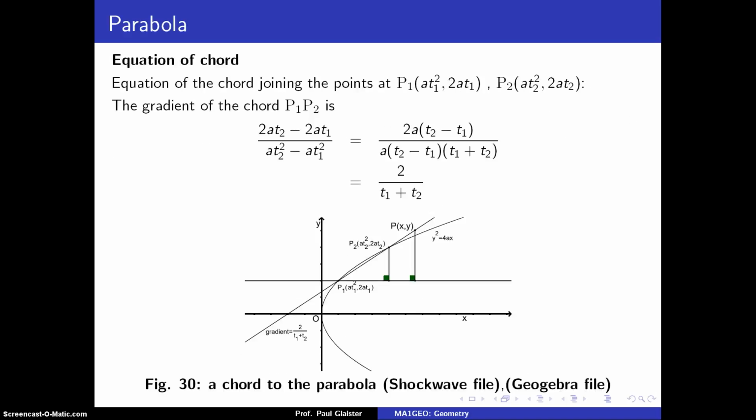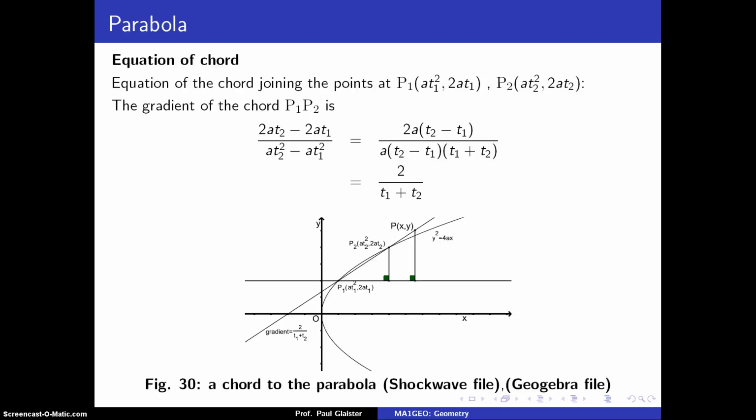Finally, in this section we're going to look at the equation for a chord. Now for a circle, a chord is just a line segment that joins two distinct points on the circle, and the same is true for any conic section or for any curve.